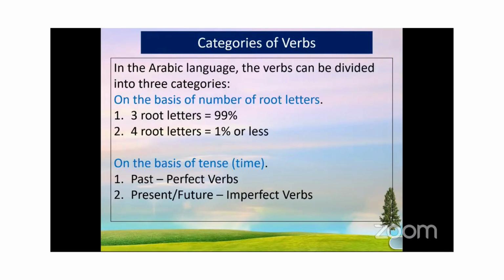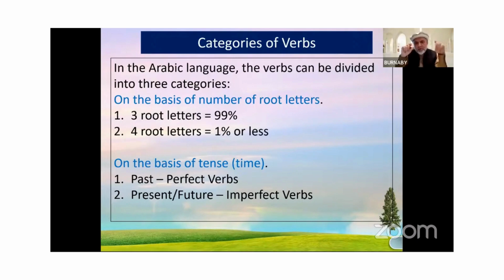Now, Ruba is the number 4. Like in Arabic, we say 4, we say Ruba. So any verb which has 4 root letters is known as Rubai. So Salasi and Rubai.